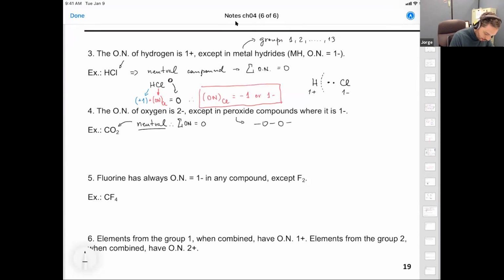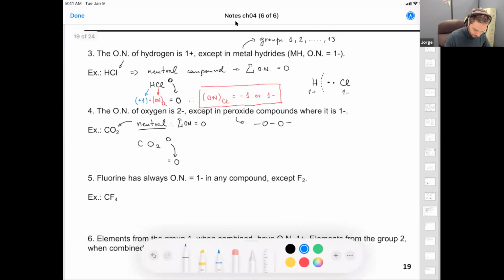Okay, so let me do the same thing that I did before. We have here CO2, and I'm going to write 0 here just to make things a little bit easier. Because the compound is neutral, the sum of the oxidation numbers has to be 0.